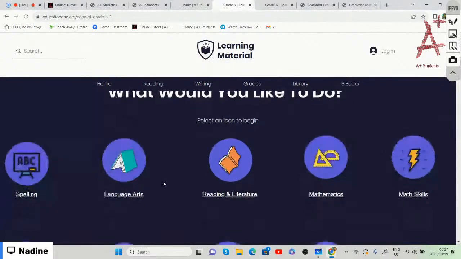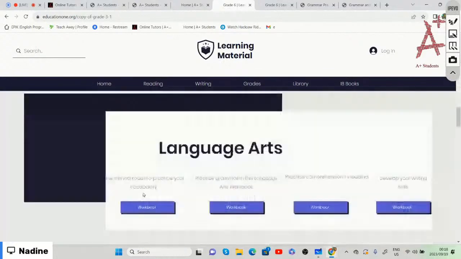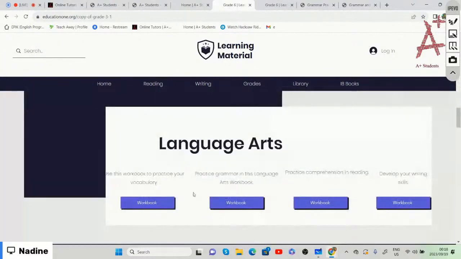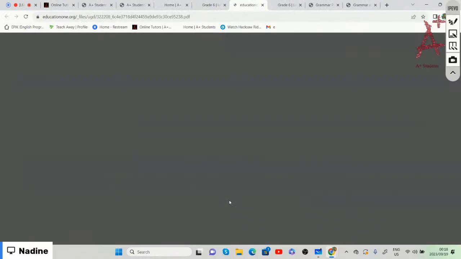We go to the first one where the green book is open and say language arts. And then we're going to the second workbook, which is to practice grammar in this language arts book.